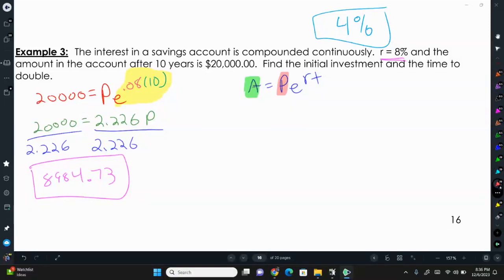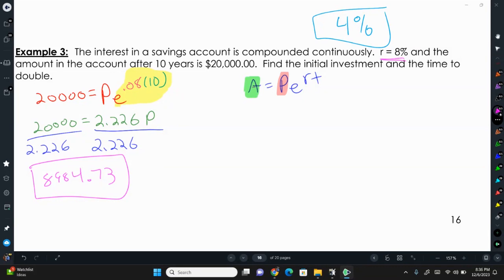So you could substitute this as 2P equals P times e to the rt power, and then divide both sides by P, and it would just equal 2 on the left side equals e to the rt power, and that would be easier to solve. But if that doesn't make sense to you, we can just substitute this in.